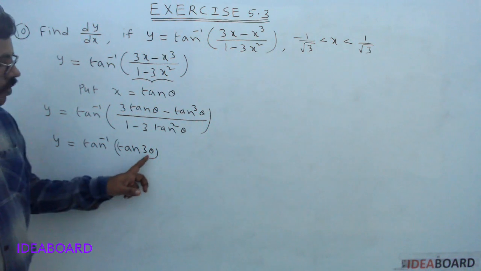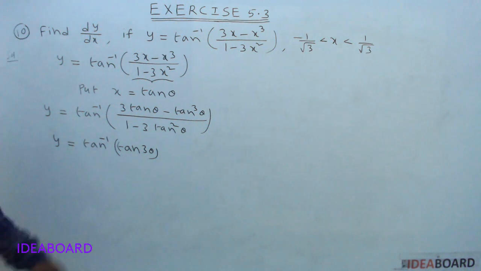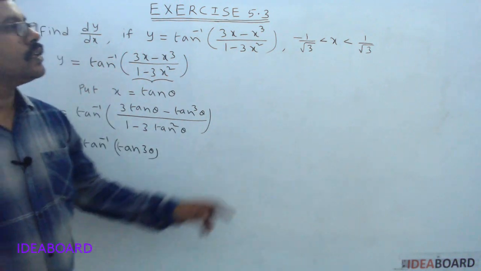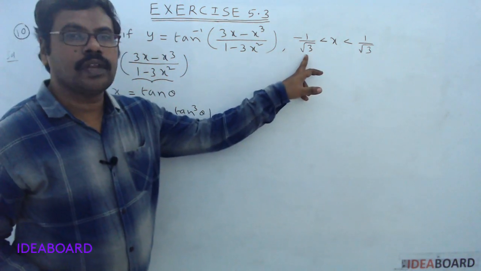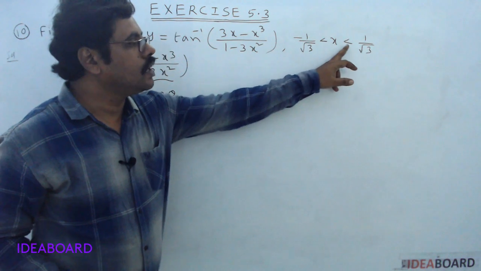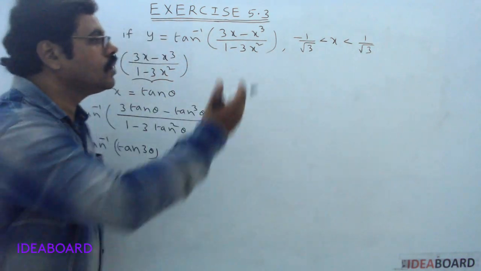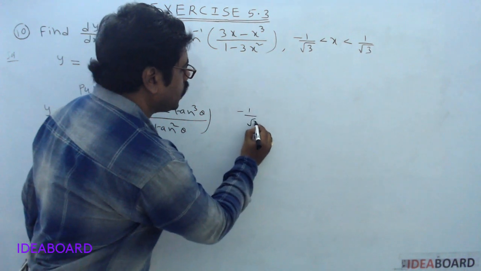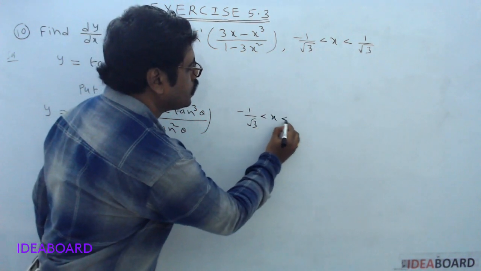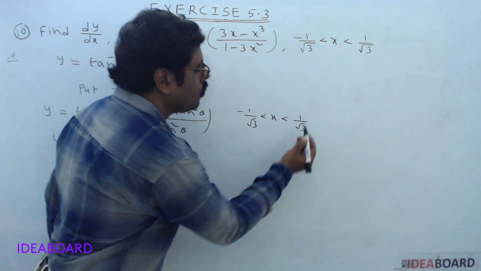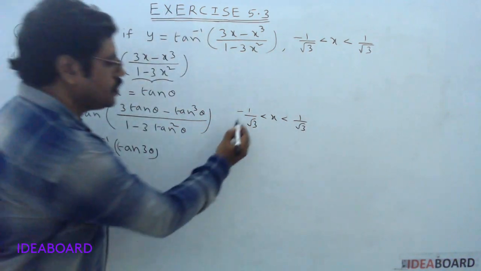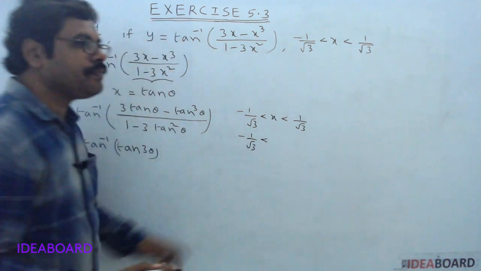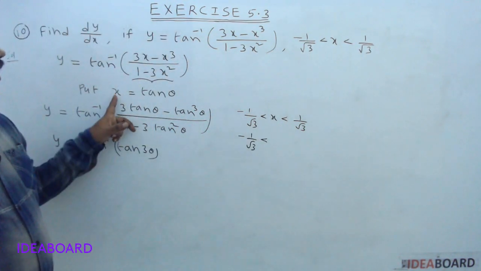Now here we don't know the value of 3 theta. Now one condition is mentioned in your given data, that is minus 1 by root 3 less than x less than 1 by root 3. Now take that condition. Minus 1 by root 3 less than x less than 1 by root 3. What is your x value?